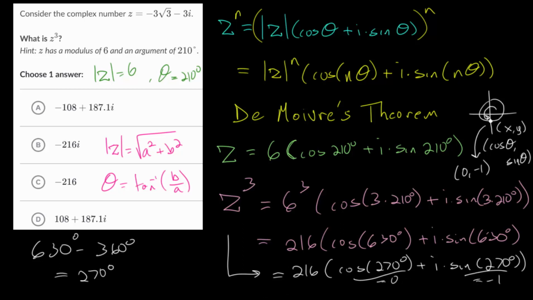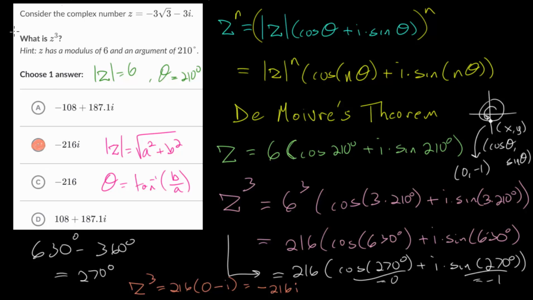So when we simplify everything, we get that z raised to the third power is 216 multiplied by 0 plus i times -1, or just minus i. And when we distribute, we would just get minus 216i. And we can see that that would be choice letter B here.